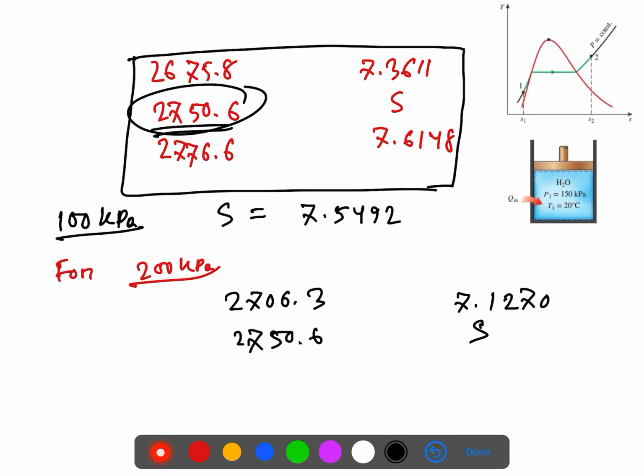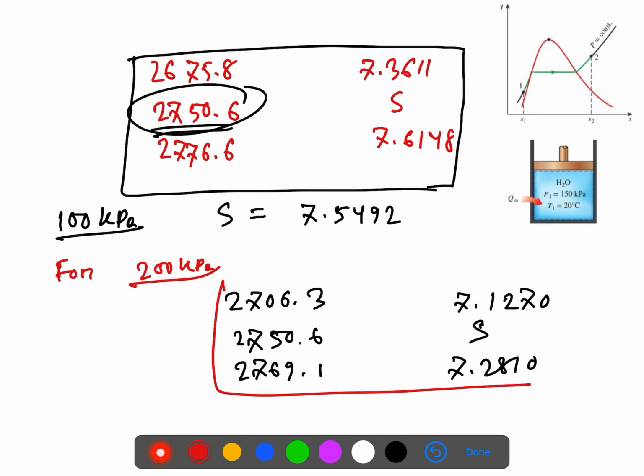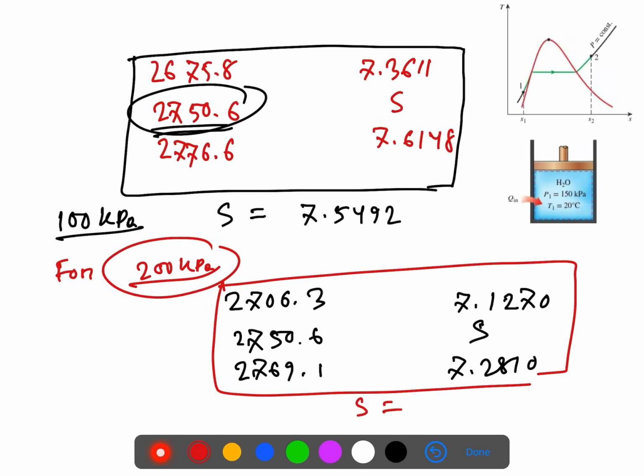Let's say this is s again, and the final is 2769.1, which is 7.2810. We need to do another interpolation, and for this 200 kPa we'll get, let's say, the entropy is 7.2356 or something like this.